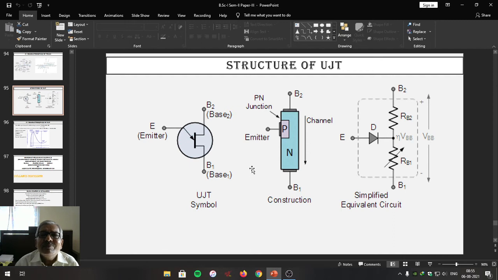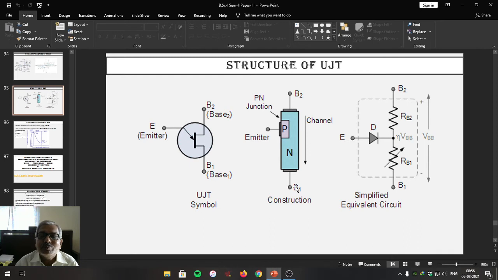Now let us see how this UJT works. To understand the working of UJT, connect the power supply VBB between B2 and B1, so that the positive terminal of the supply is connected to B2, whereas the negative terminal is connected to B1.